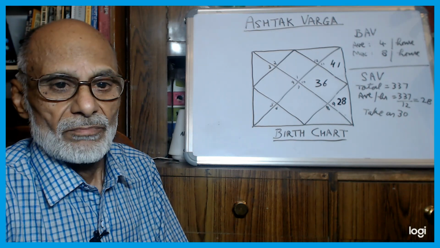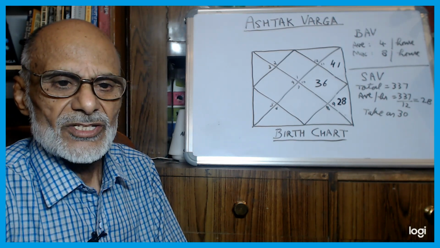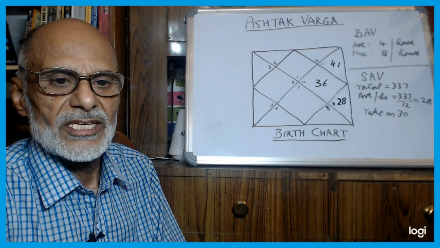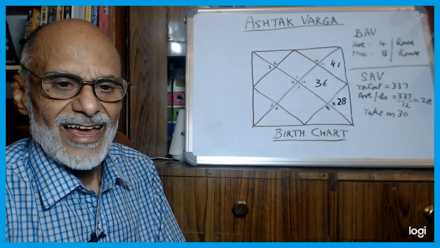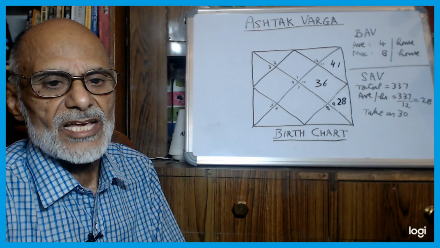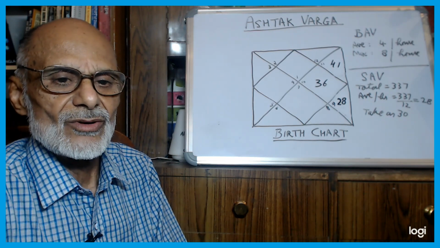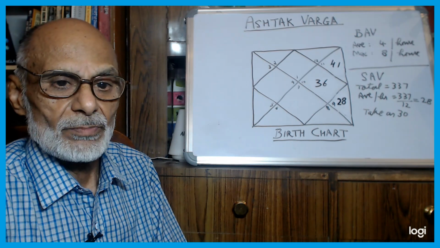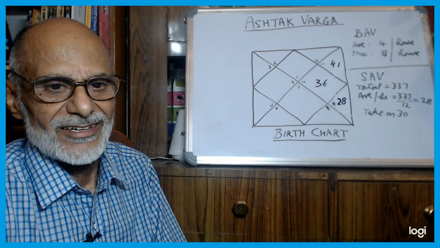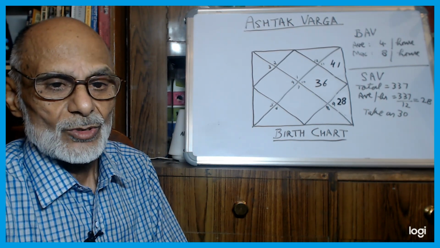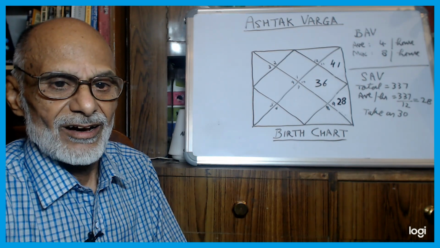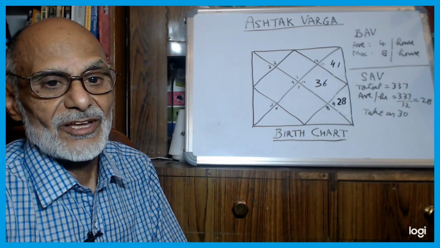One is Bhinashtak Varga, abbreviated as BAV, and another is Sarvashtak Varga, SAV. Now in Bhinashtak Varga, the concept is that each planet, wherever it is placed in your birth chart, throws some benefic points at other places.